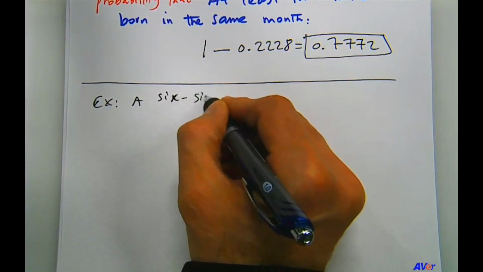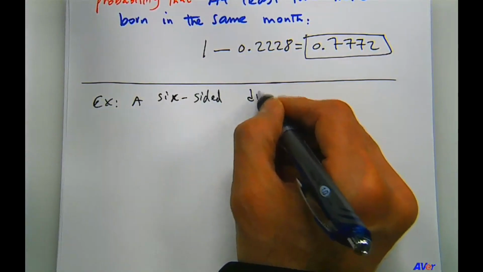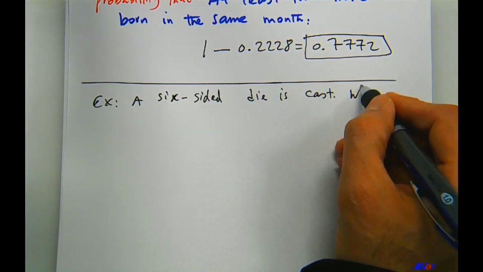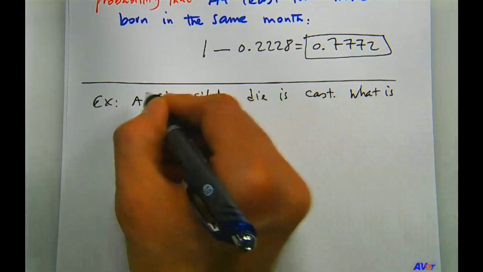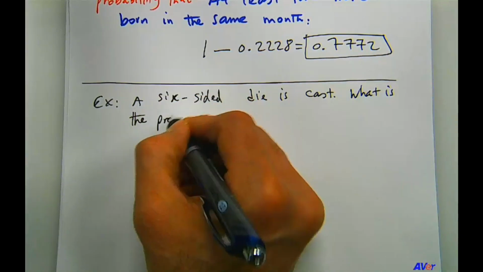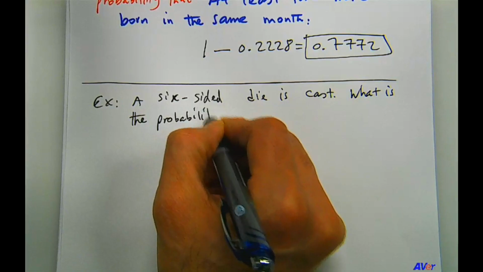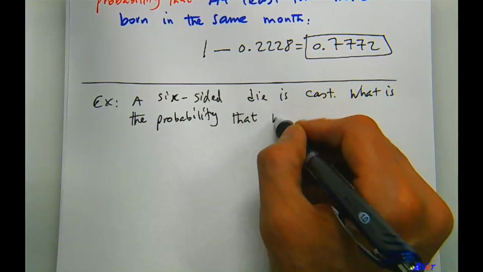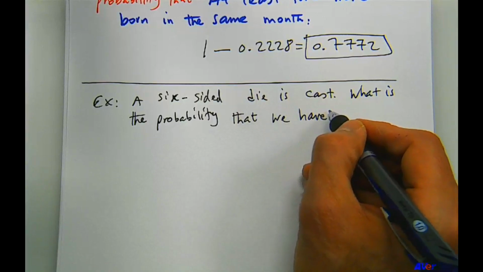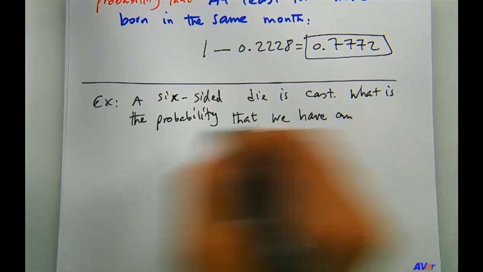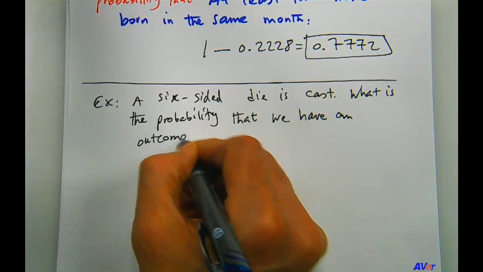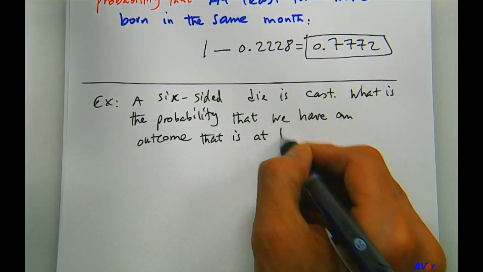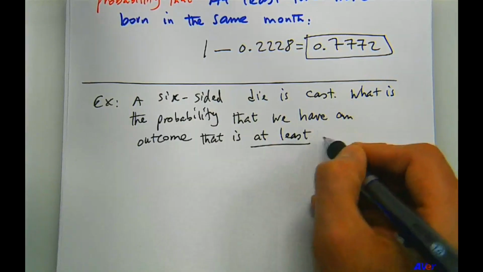So this time we have a 6-sided die that is cast. And the question is, what is the probability that we have an outcome that is at least, again that phrase, right?